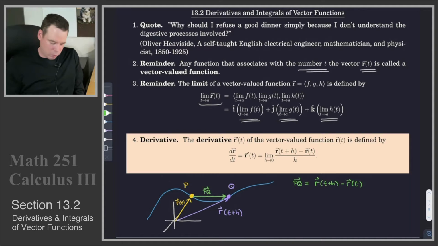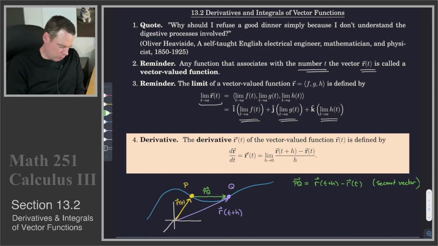We call this the secant vector because it passes through two points on the curve. It starts at one point on the curve and ends at another. When we scale it by dividing by h, all that does is construct a scaled version of this secant vector.